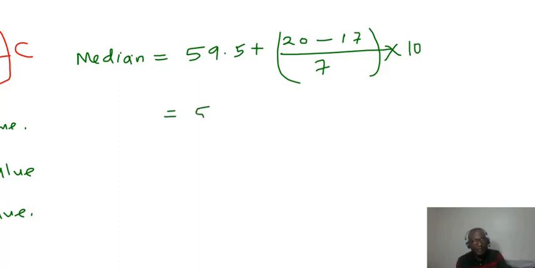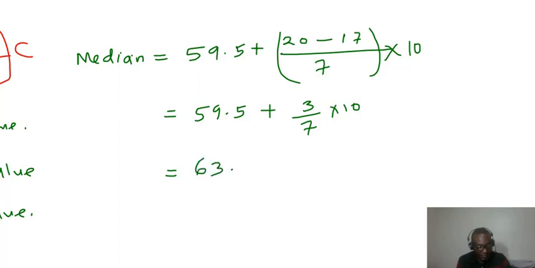This is 59.5 plus 3 all over 7 times 10. When you compute this on our calculator, we get the median as 63.8, to 1 decimal place.